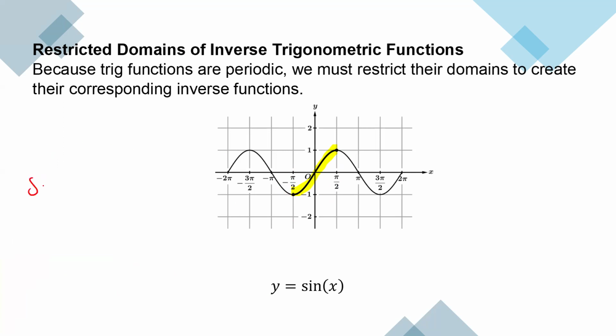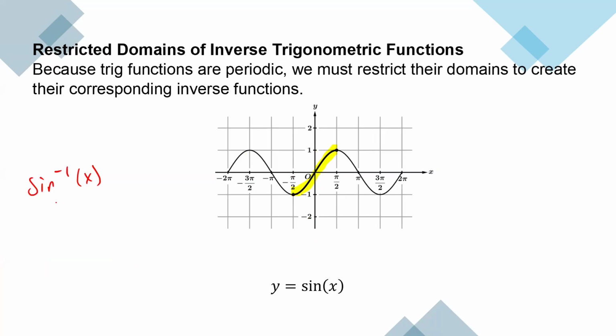So sine inverse of x. Your inverse means that your domain and range are switching. This is currently the graph of sine x, right? Looking at the graph of sine x, its range is from -1 to 1, and its domain is infinite, correct?